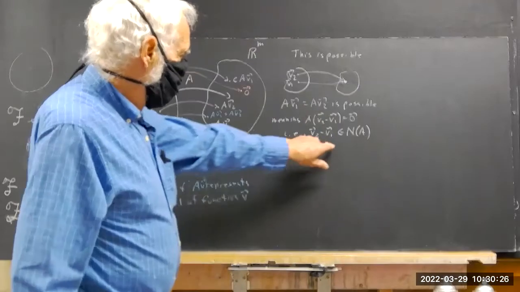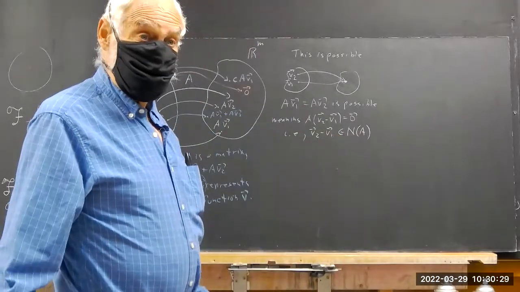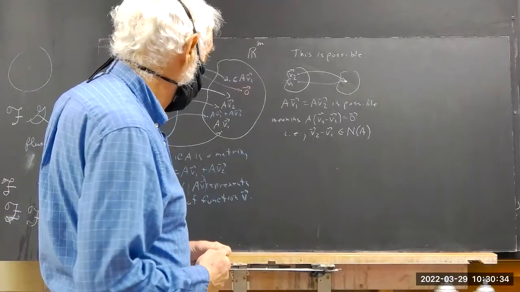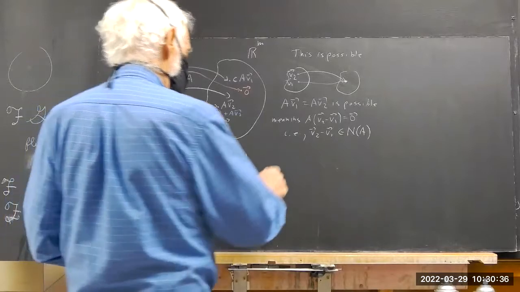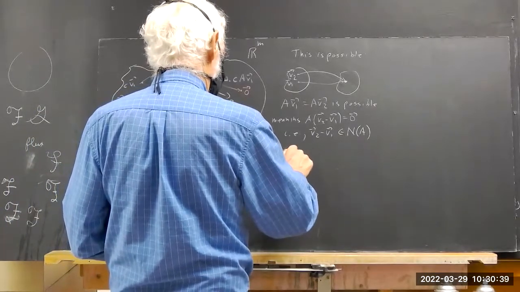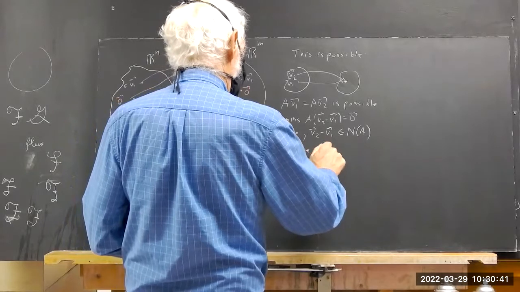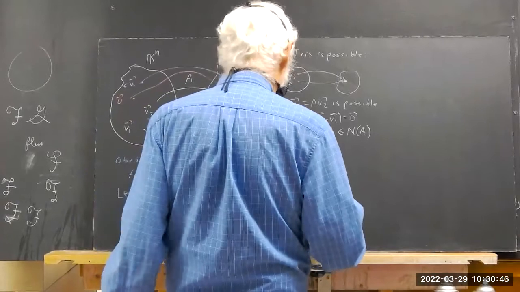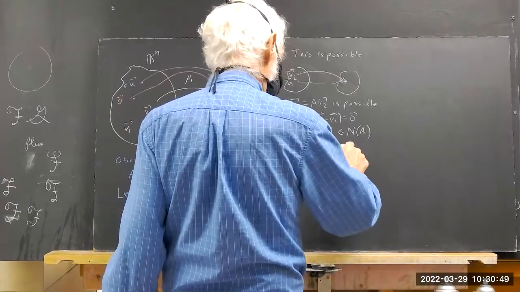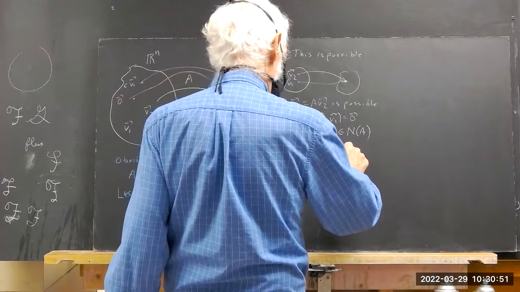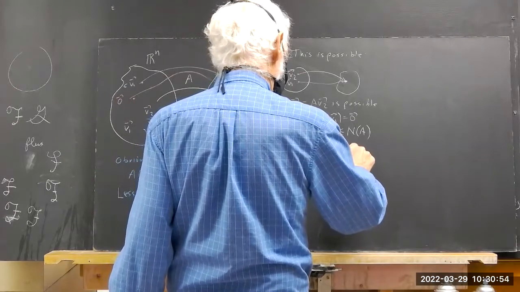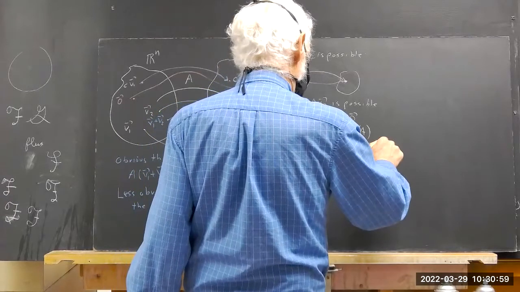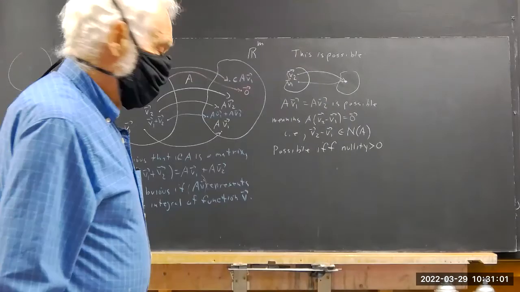Of course, that means that V2 minus V1 is in the null space. I'll comment this is possible if and only if the nullity is greater than 0.